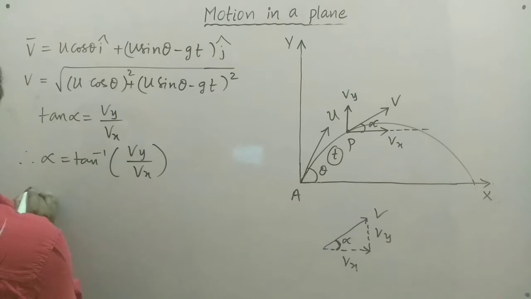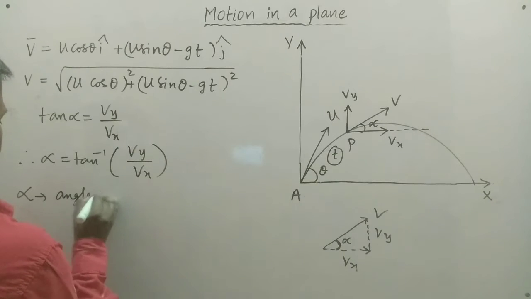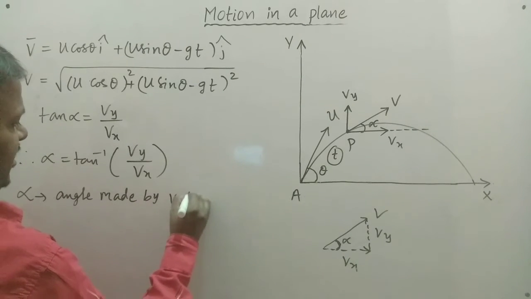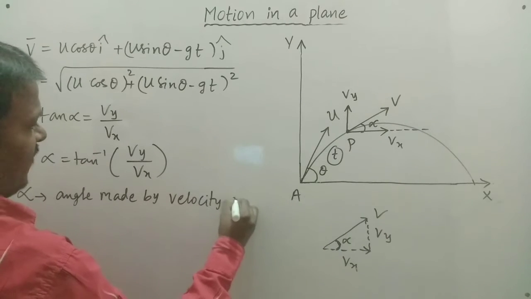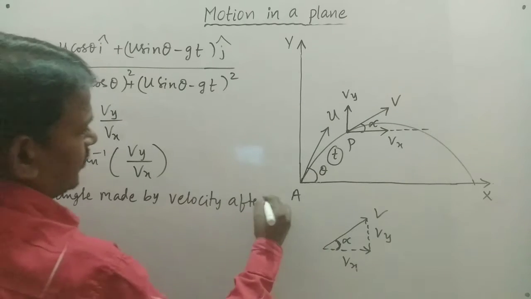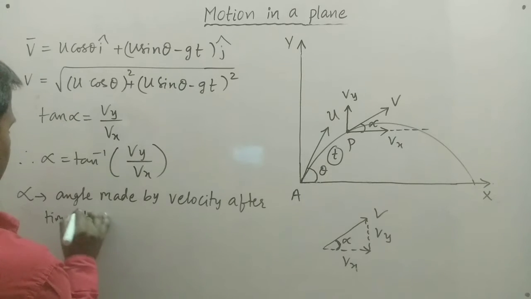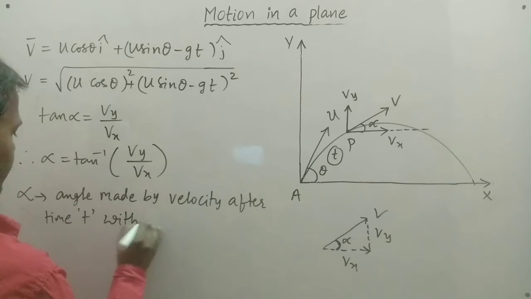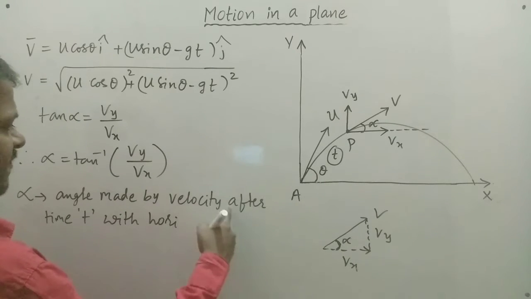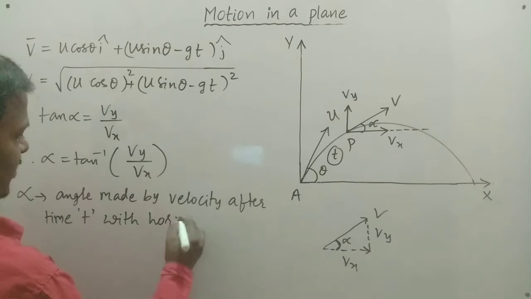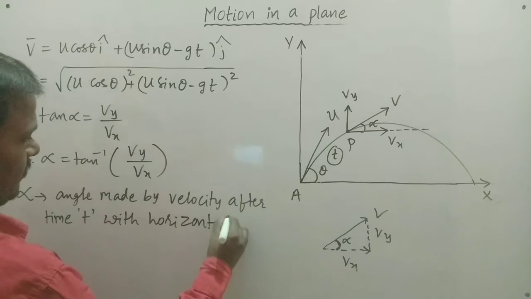So here alpha is the angle made by the velocity after time t with the horizontal, that is v. Velocity after time t is nothing but v with the horizontal.